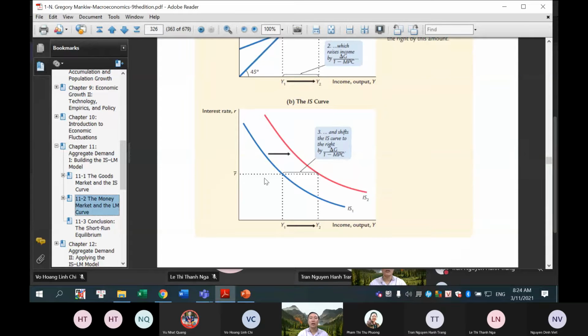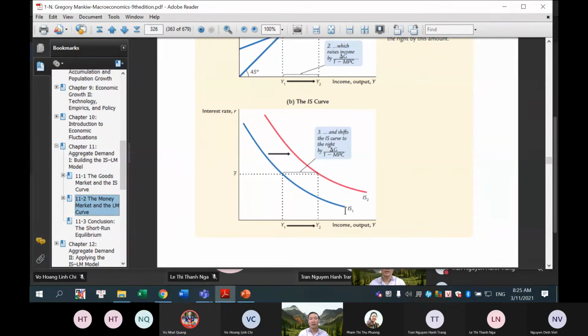So to identify the final equilibrium of the economy, of course, we must know the interest rate. What is the interest rate? As you see, the interest rate is determined in the money market. The financial market or the money market will determine the level of the interest rate. And after that, the interest rate will determine the level of spending, and we can identify the output.